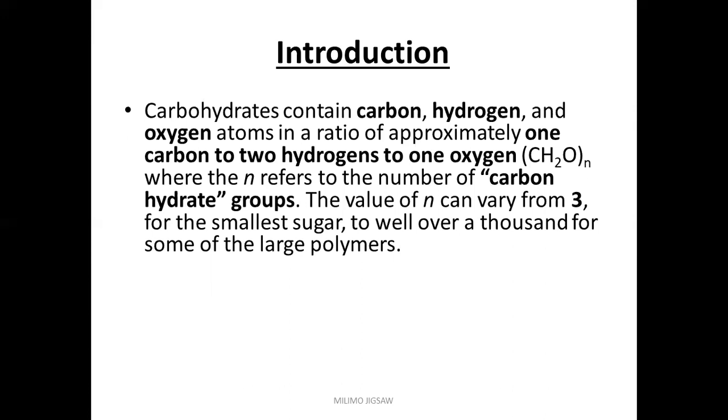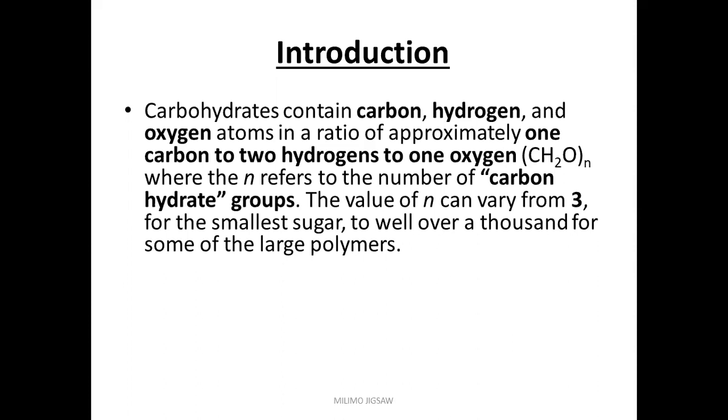In other words, they generally have a formula of CH2O with an n, which refers to the number of carbohydrate groups. So it contains these atoms in the ratio of 1 to 2 to 1, generally.